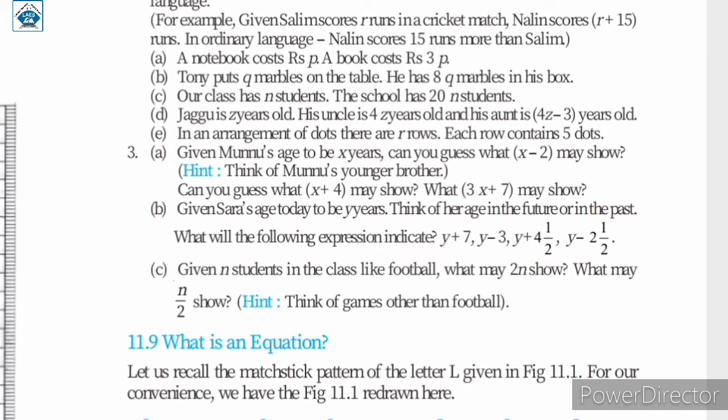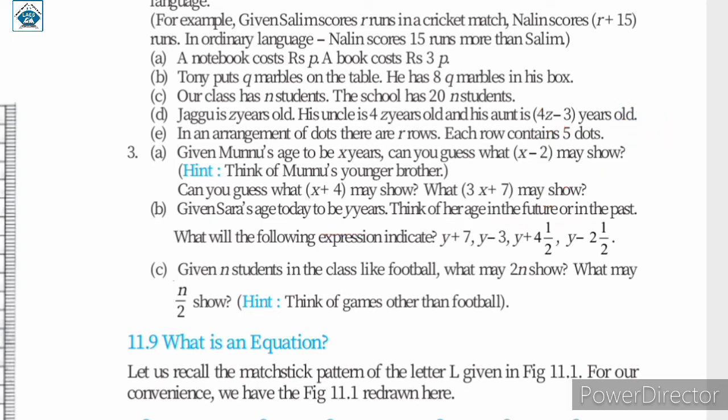Here we are given that today Sarah's age is y years and we are asked to think of her age in future or in the past. So it is very simple that in future we will have an addition of ages and in the past there will be subtraction of ages.